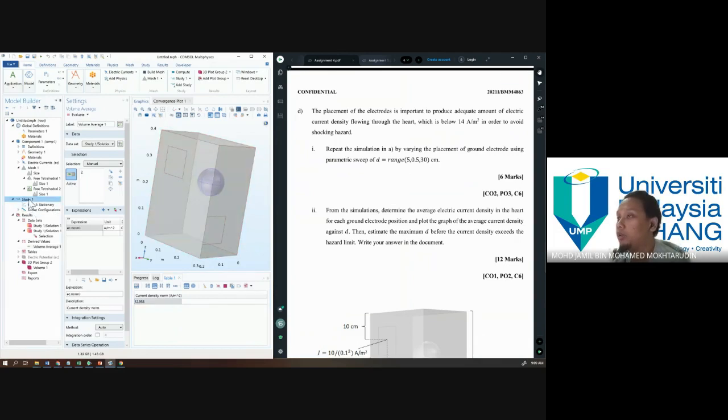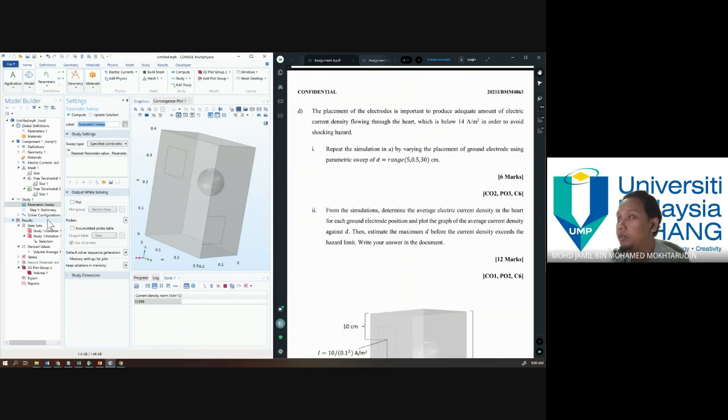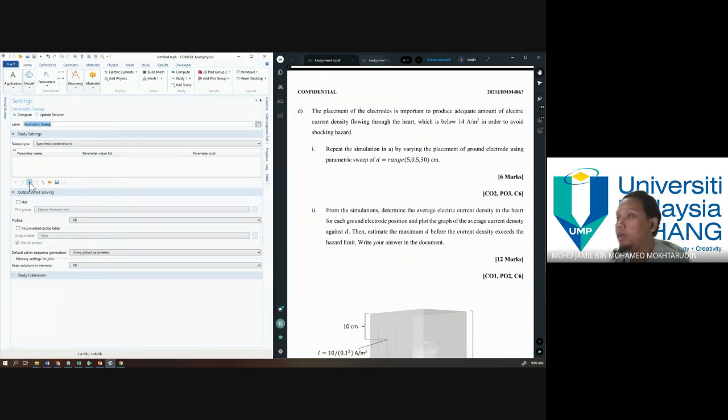So we can go here in the study, right click and choose parametric sweep. In the parametric sweep, you just add D that we have defined earlier in our global parameter. And then just write range starting from 5, 0.5, 30. So the unit is cm.